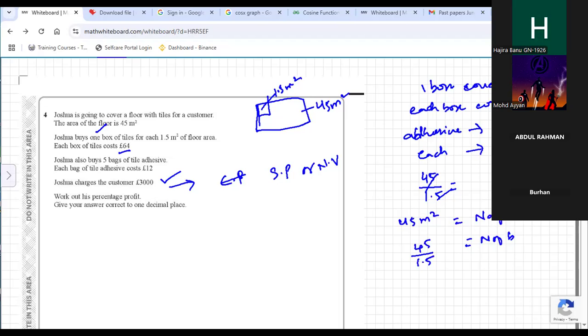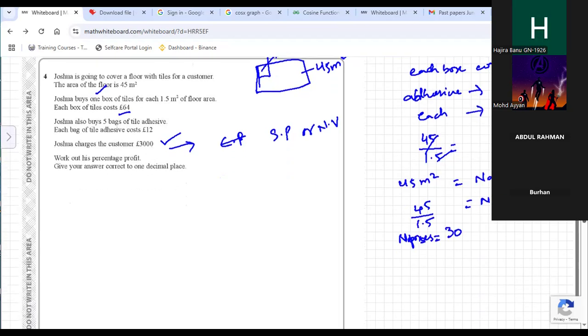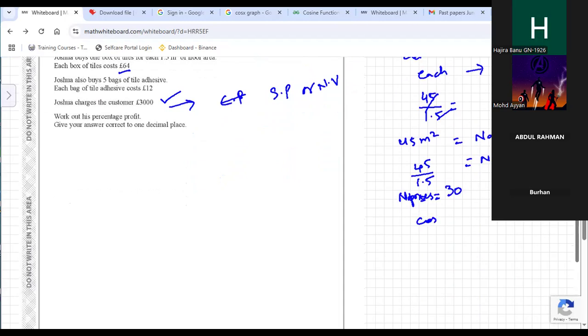30. Right, so that gives us the value of the number of boxes. Now we have the number of boxes equal to 30. Now the cost of boxes will be, because he has to cover all, 30 into 64.